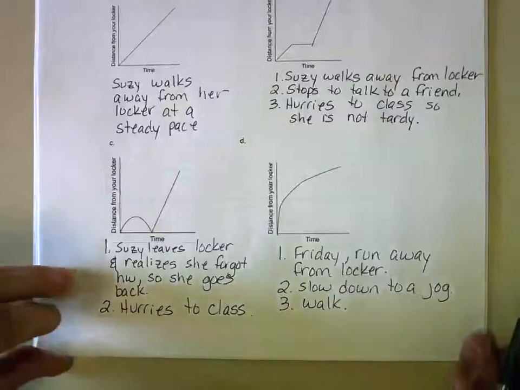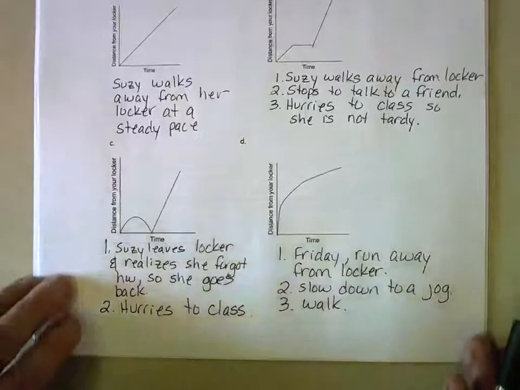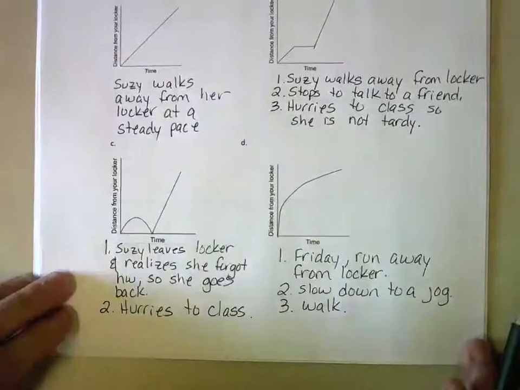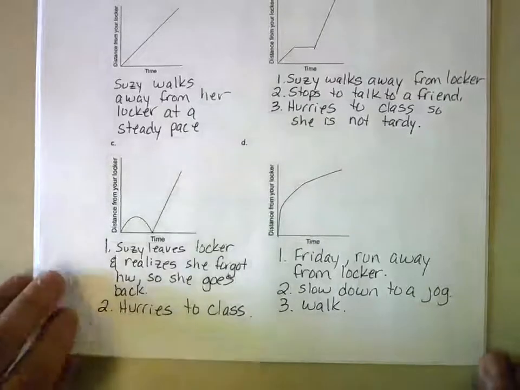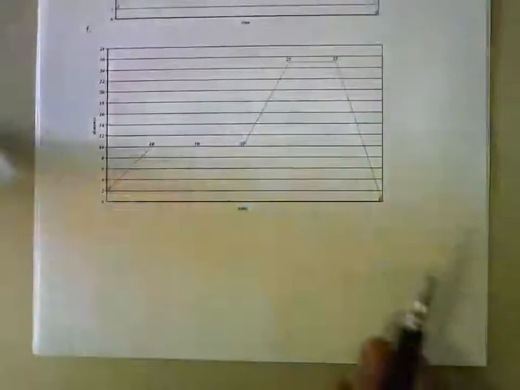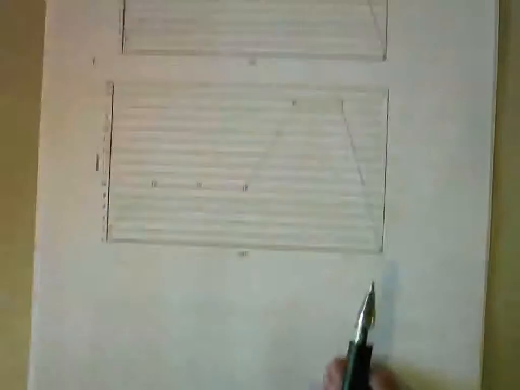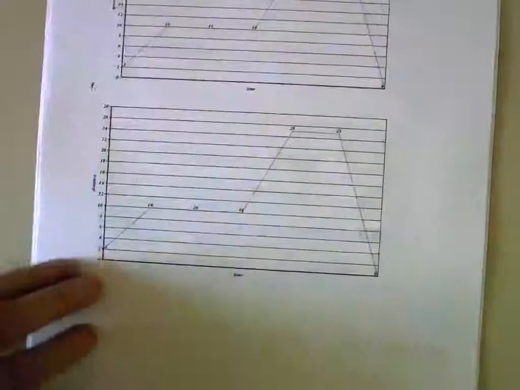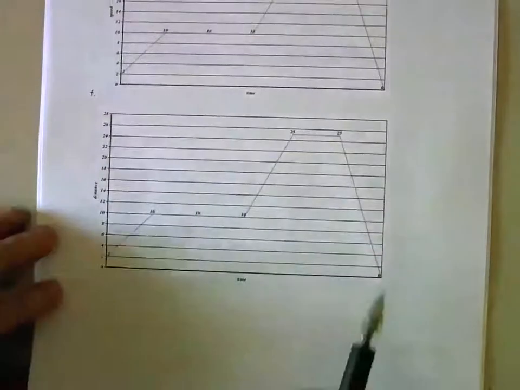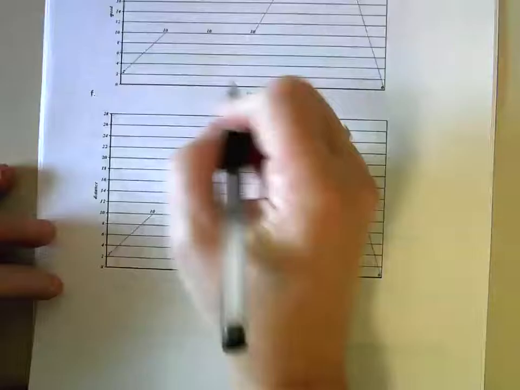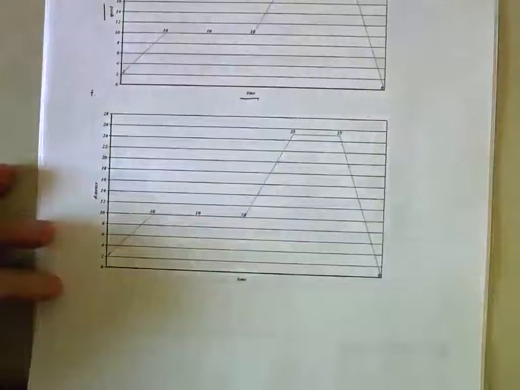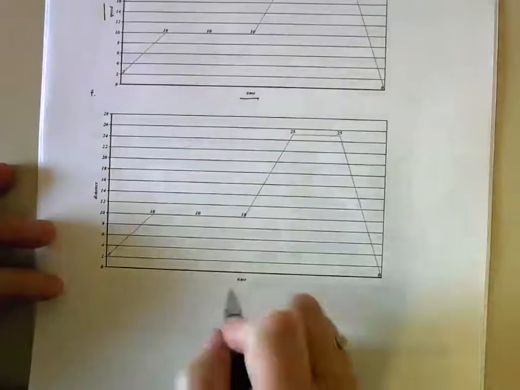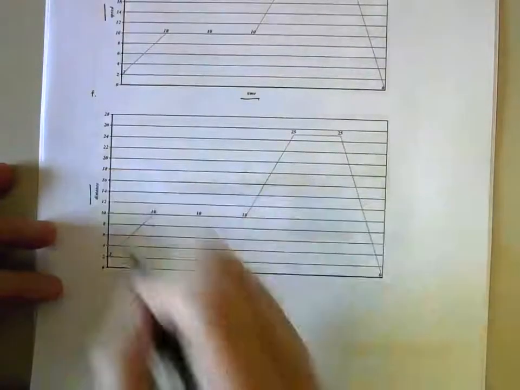And these down here are all continuous graphs because you can be 2.5 feet away from your locker, you can be 2.5 seconds away from your locker. And the last page here, I think this is the last page, if you look at this, this is time and this is speed. And this is very important. This is time versus distance.